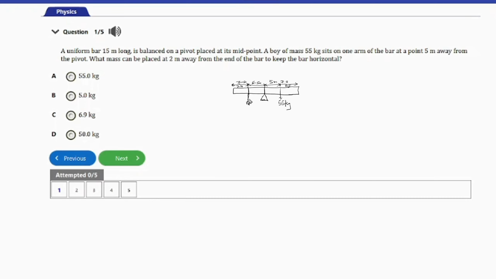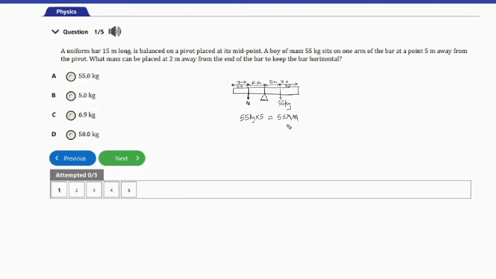So the mass will be placed here. Let's say the mass is m. With this diagram, we already know that the 55 kg mass is 5 meters away from the midpoint, whereas the mass m is 5.5 meters away from the midpoint.